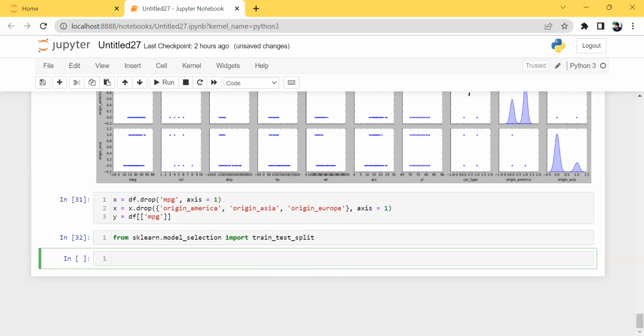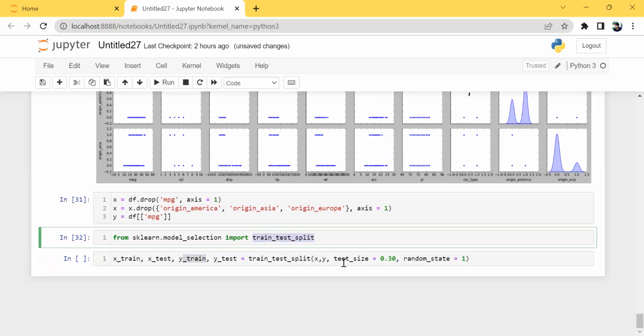now you need to split the data on whatever basis you want, like either 60/40, 80/20, or 70/30. For now, I'm taking 70:30. I'm saying I want X train, X test, Y train, Y test, and I am using the train_test_split function from the model selection library of sklearn.